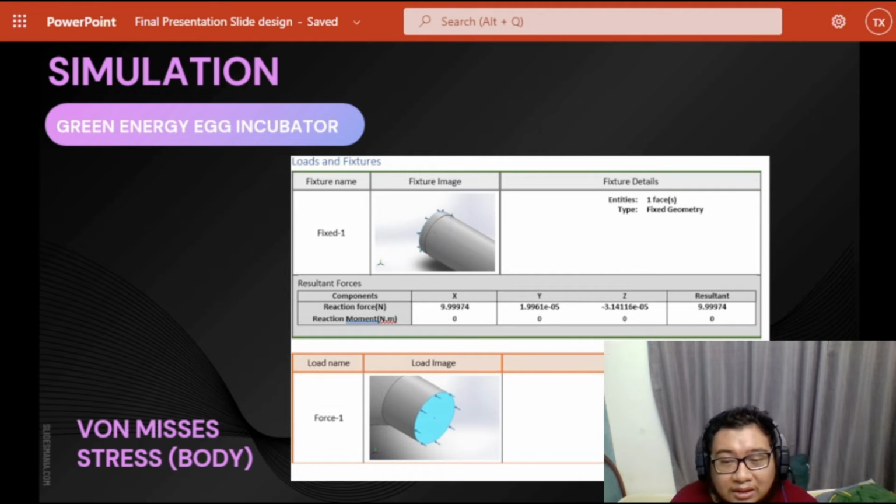Then the total resultant is 9.99974. So next, for the force, for the load detail, we use one phase, which is shown on the picture, and then the type of force is normal force, and the value for the normal force is.